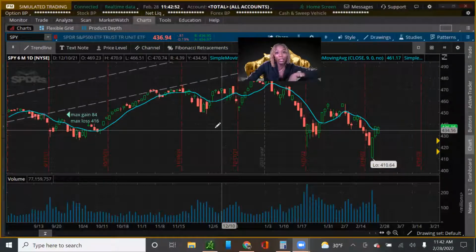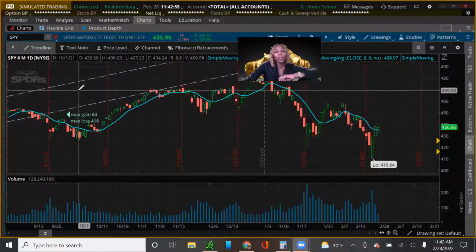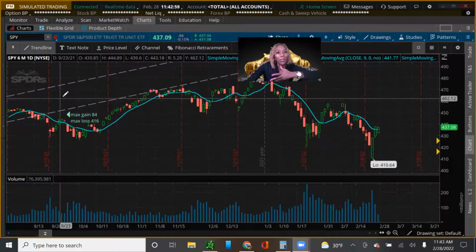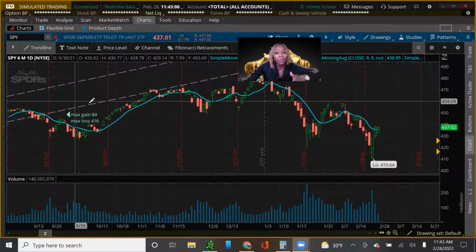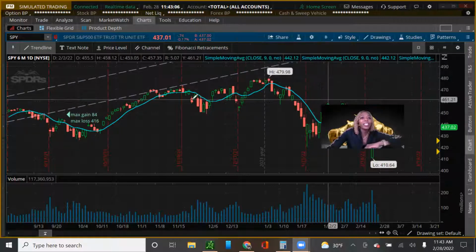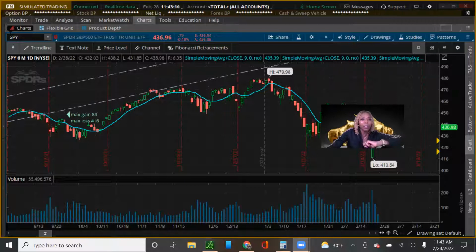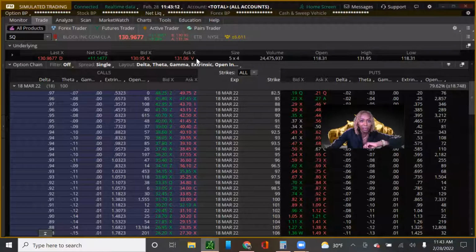Okay, so I use a platform called Thinkorswim. I've been trading for over 5 years, and when I first started trading, nobody taught me this. However, I'm going to share it with you today because the fastest path to mastery is through coaching. So this is the example of a chart, the SPY, and this is what an option chain looks like.